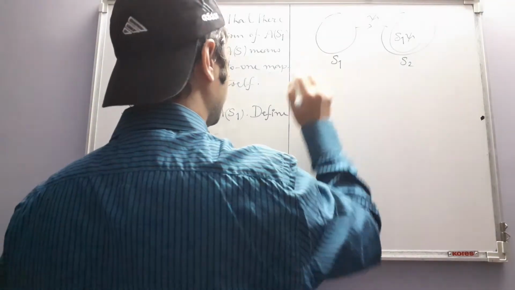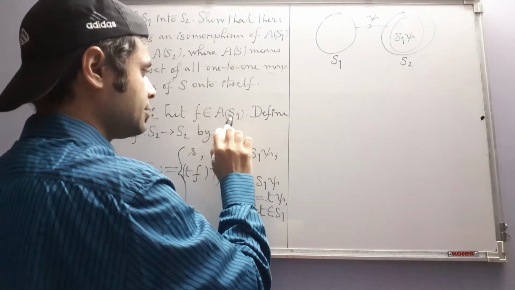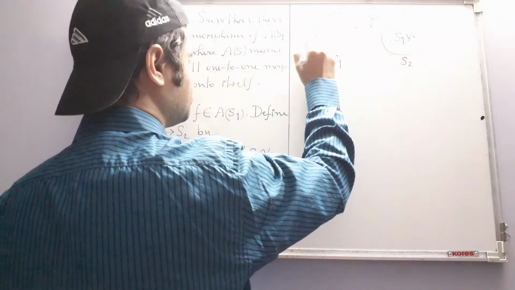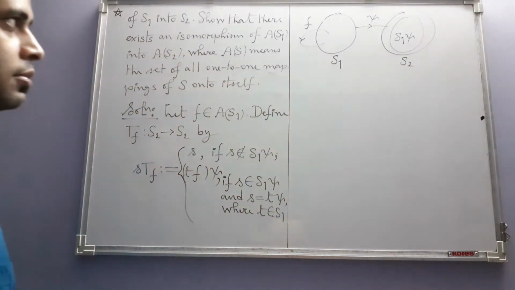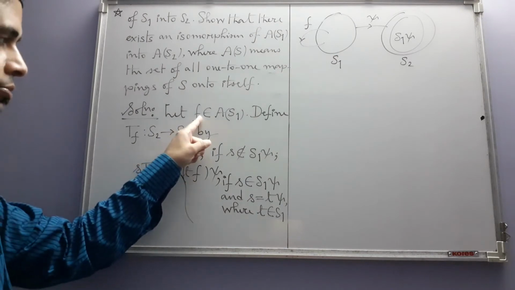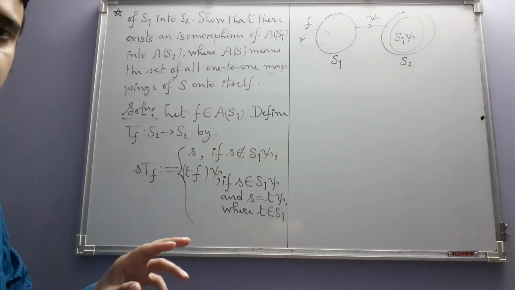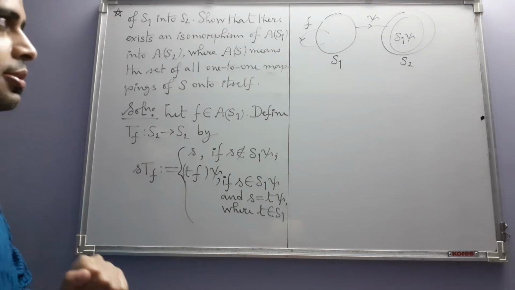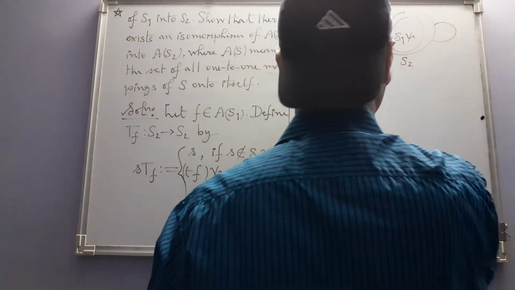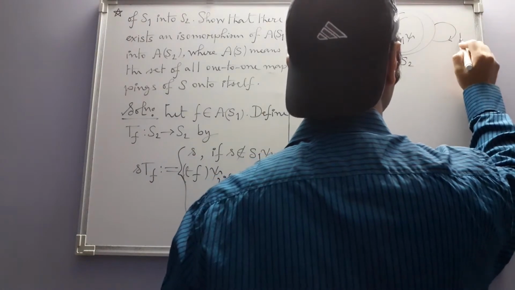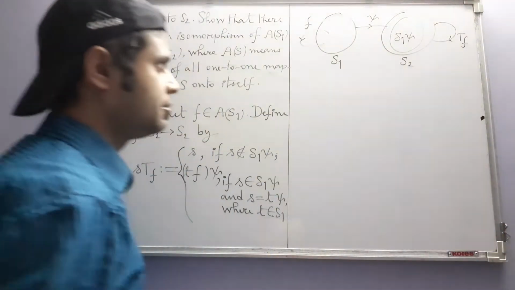We are given a map F from S1 into itself, so F is a map like this. And using this map F, we are defining a map TF from S2 into itself.